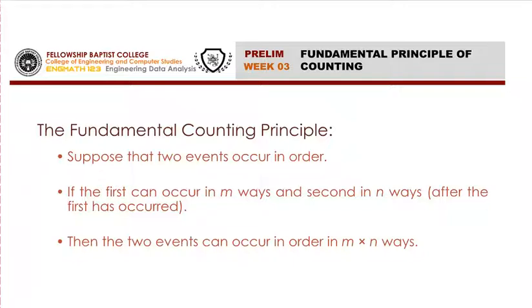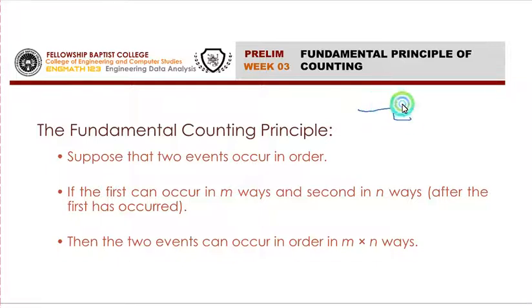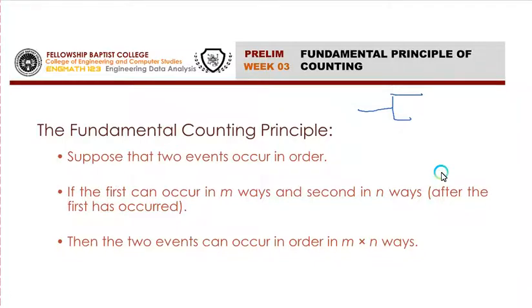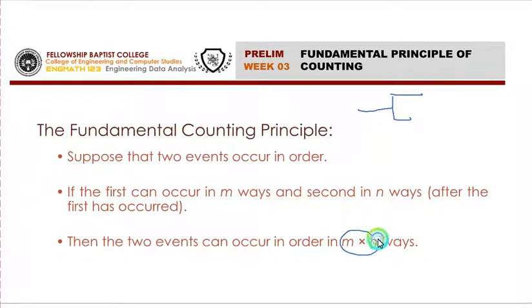If the first can occur in m ways and the second in n possible ways after the first has occurred, that means, if you have a branch that happens, then there should be a possible option for the next one. So you have two possible options or any possible option. That means they happen in order. Then the two events can occur in order in m multiplied by n ways. So we have the formula m by n possible ways.